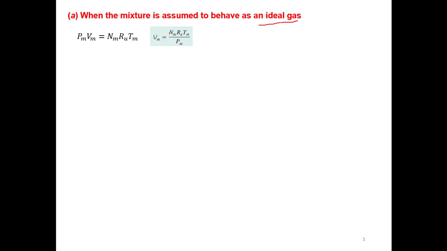We know how to calculate the number of moles of the mixture by summing all the moles. So we have 6 plus 2, 8 kilomole of the mixture, the value of Ru is 8.31, the temperature of the mixture is 300 Kelvin, and in terms of kilopascal, the pressure is 1500 kilopascal.